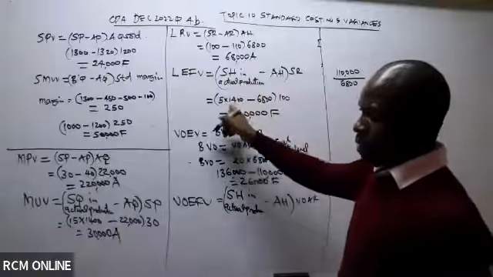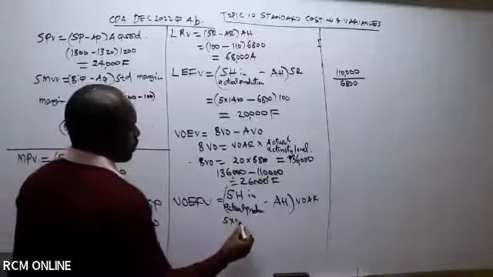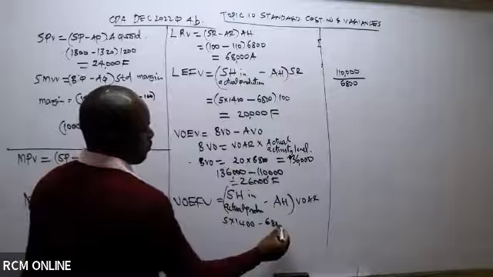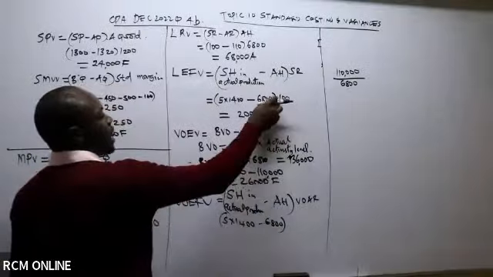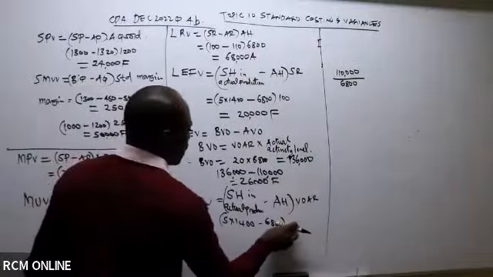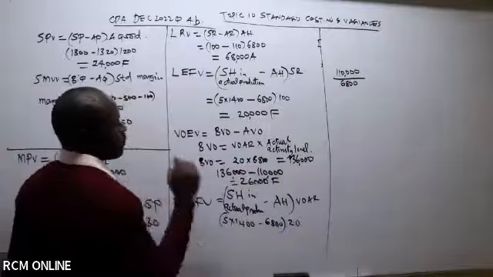So it will be 5 times 1,400 minus actual hours, 6,800, multiplied by the variable overhead absorption rate of 20.